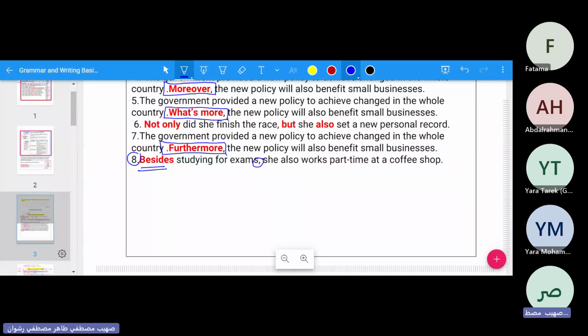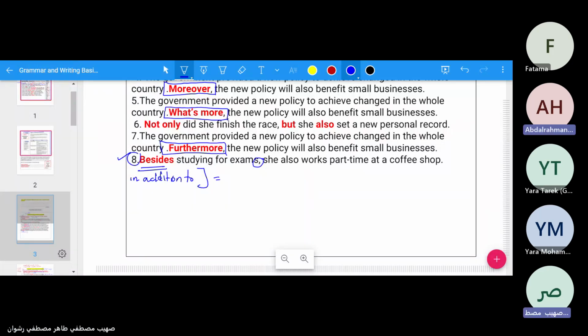The comma is in the middle. Okay, and this is only for the two conjunctions, besides and in addition to, when you use them initially, I mean in the beginning of the sentence. Okay, any question about this part?